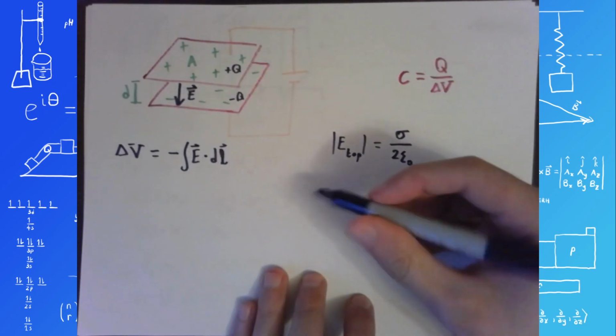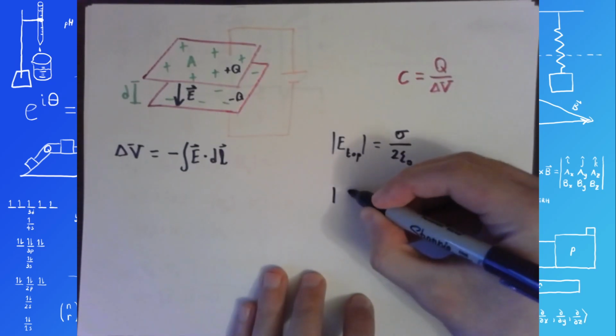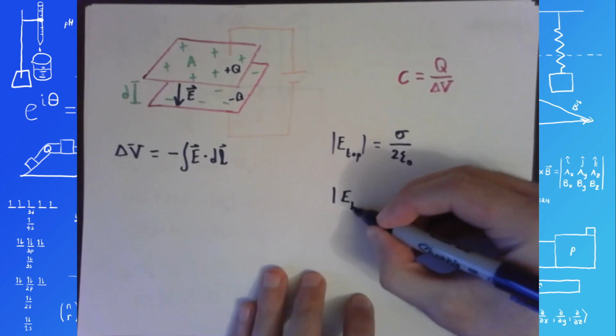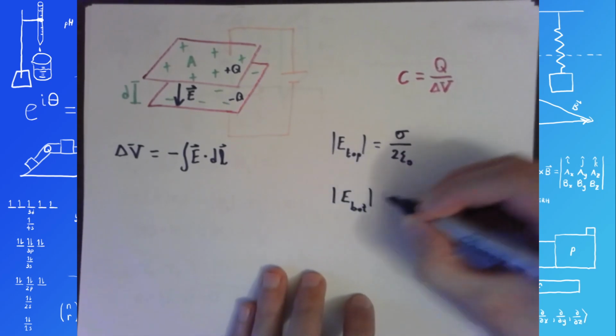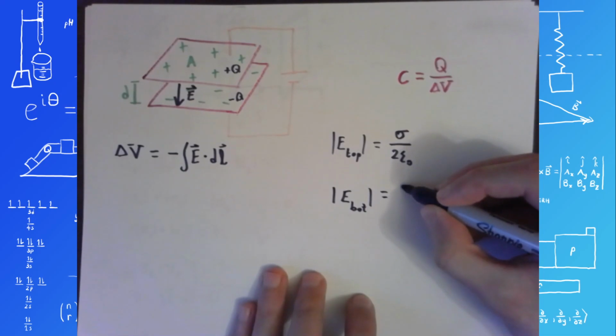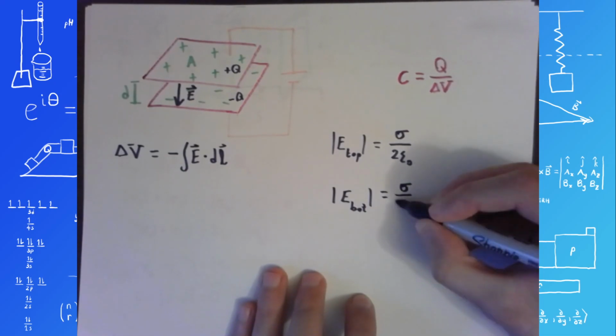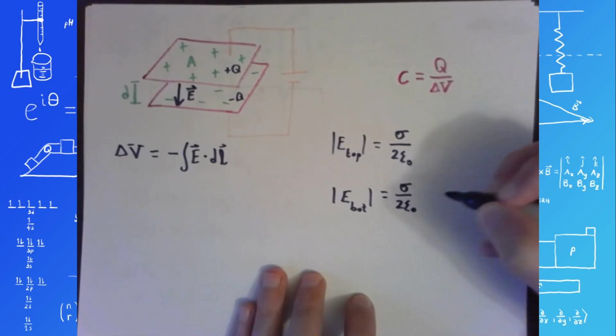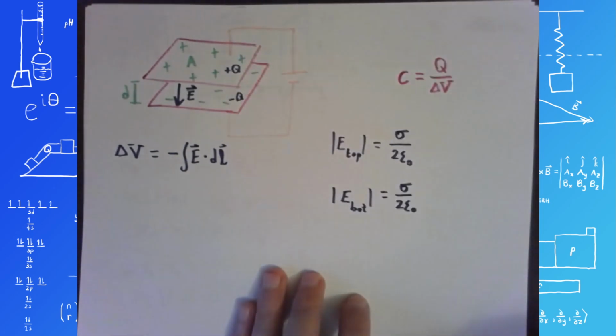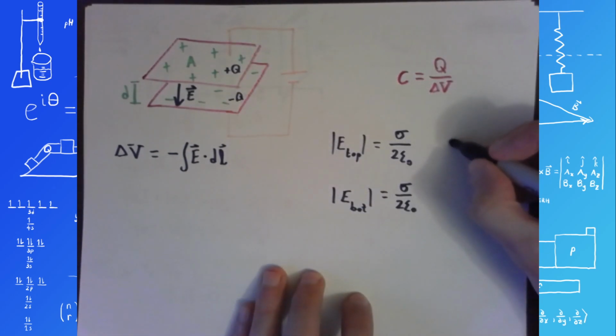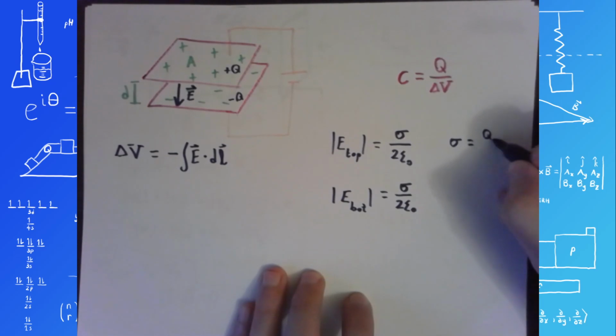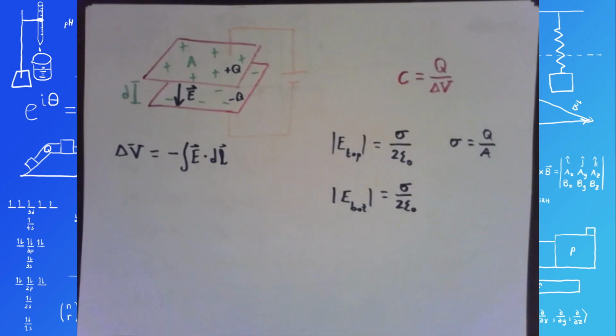And same thing for the bottom plate. We can say that the electric field due to the bottom plate, E bot, is also sigma over 2 epsilon naught. It'll be the same amount of charge over the same amount of area. Sigma equals Q over A.